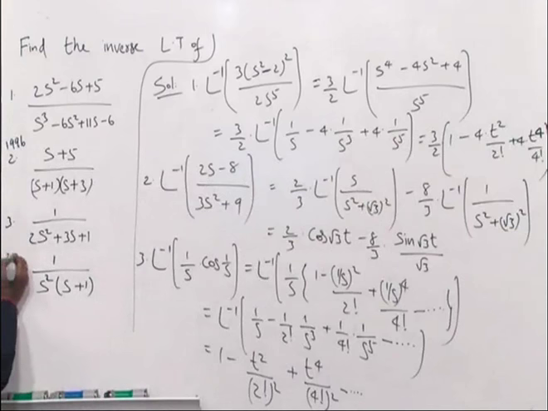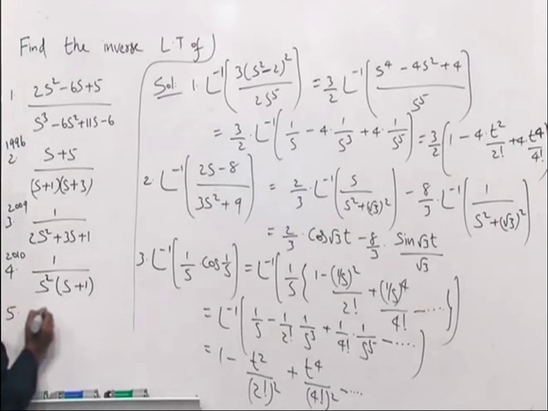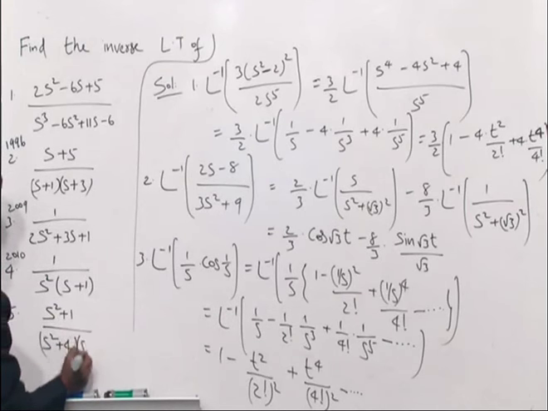This is 2010, this is 2009. The fifth one is 1/((s² + 1)(s² + 4)(s² + 9)).